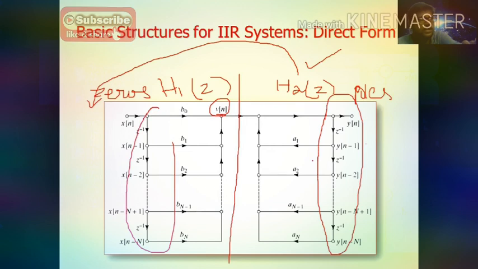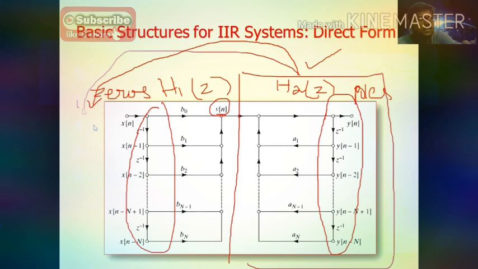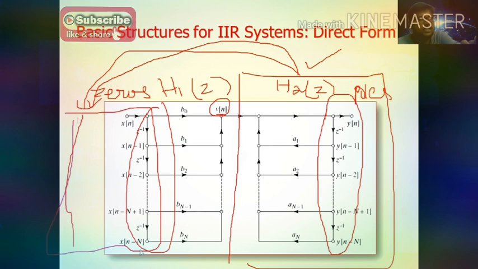When we bring this whole block up and paste it here, all the delay elements come here. So already we have more delay elements, and I combine these four delay elements. Instead of all the delay elements, I take a common delay element.